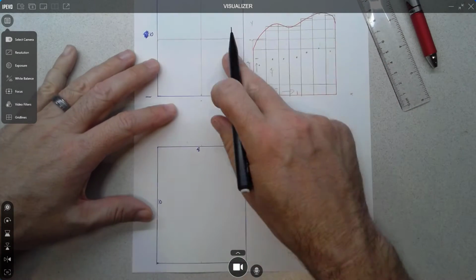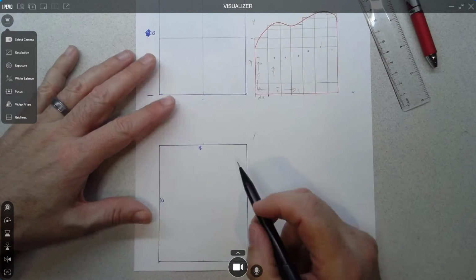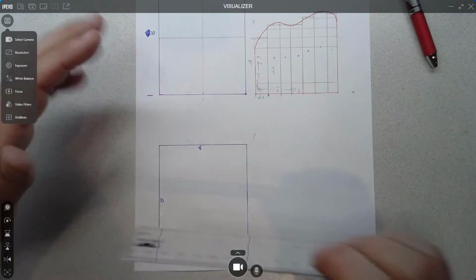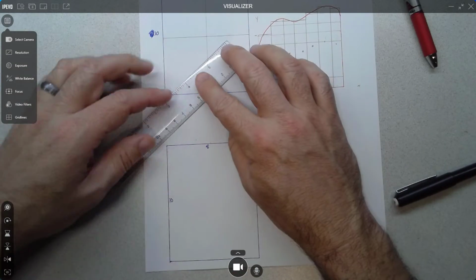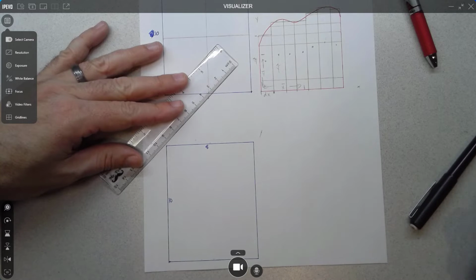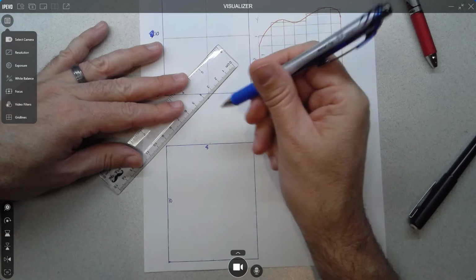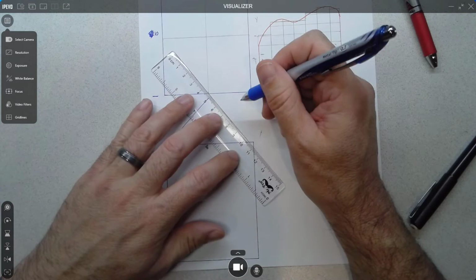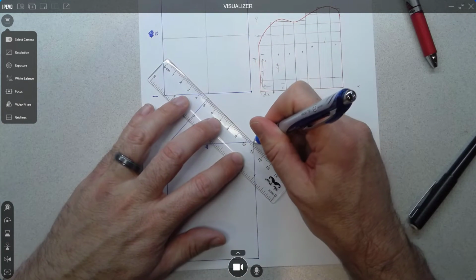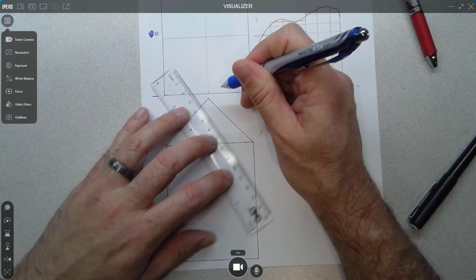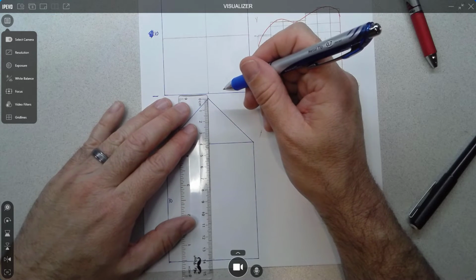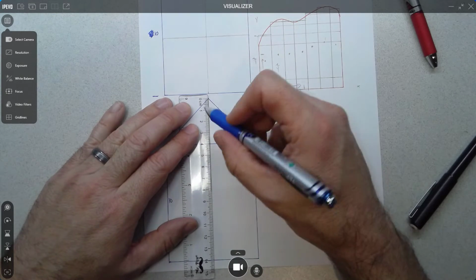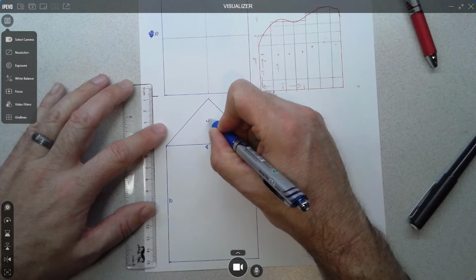Let's modify this rectangle here and look at, let's say we added a triangle onto the top of this rectangle now. So that triangle has a height of 4 units.